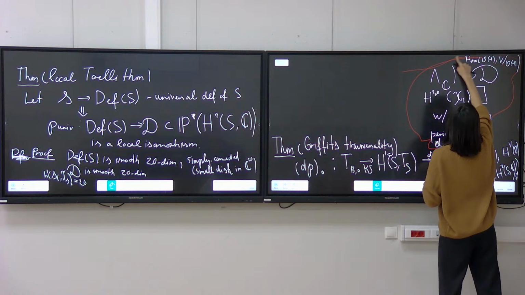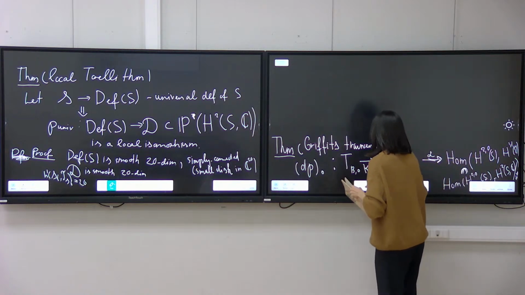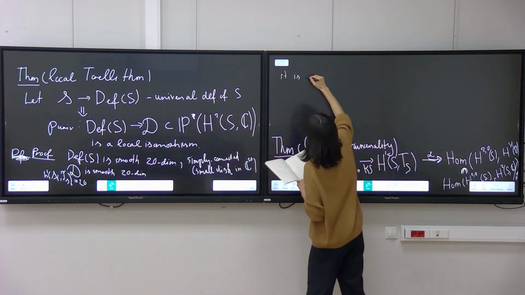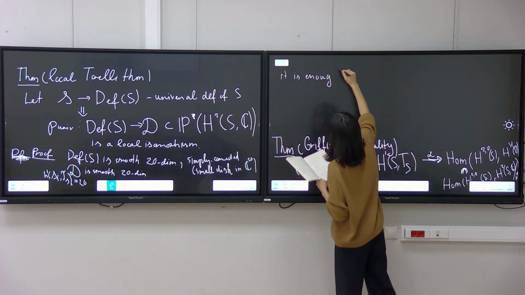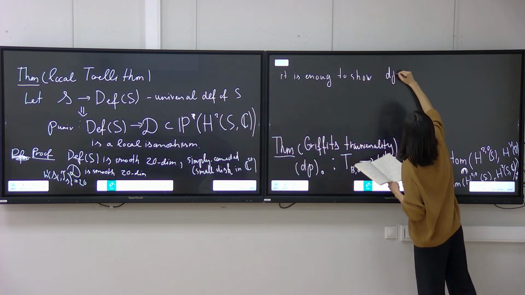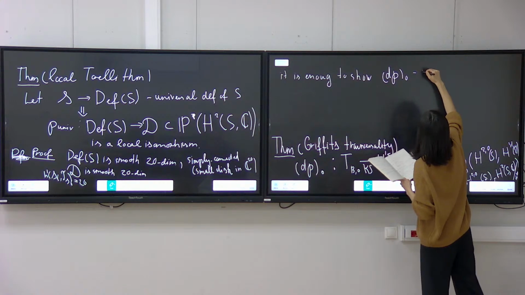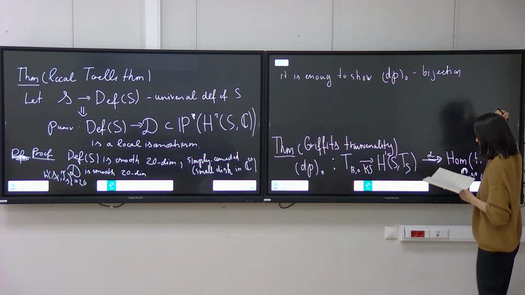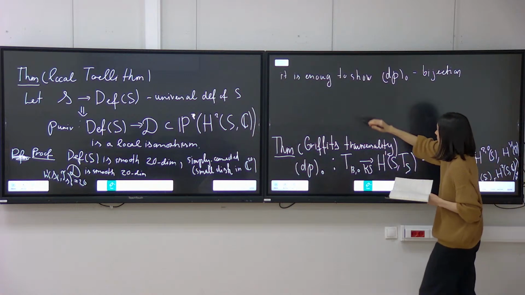And to prove this, I will just use Griffith's transversality. So it is enough to show the differential is a bijection. And here we can use Griffith's transversality.